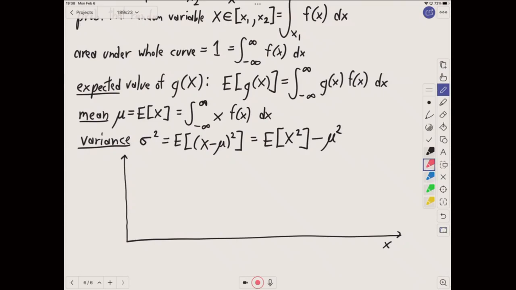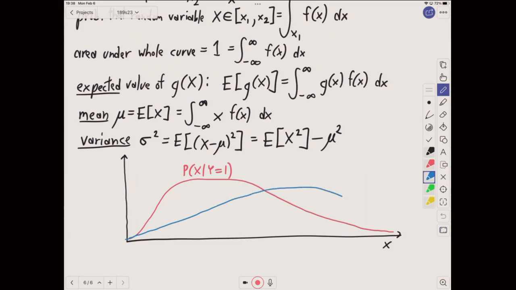We discover that for people with cancer, here's the distribution of calories per day, and for people who don't have cancer, here's the distribution of calories per day.